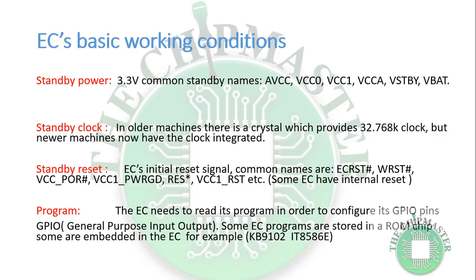Let's say you have a particular pin that acts as an input on a Quanta board. It can act as an output on a Wistron board, even with the same brand, manufacturer, and model of the EC. So the program basically gives the EC a set of instructions on how to use these pins, either as an input or as an output, and to do specific functions.